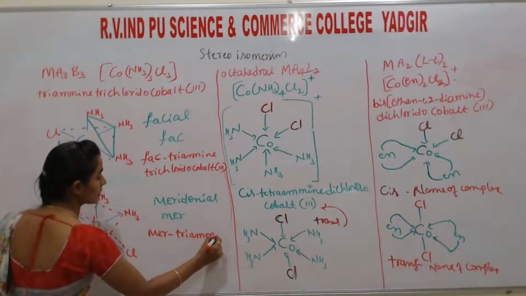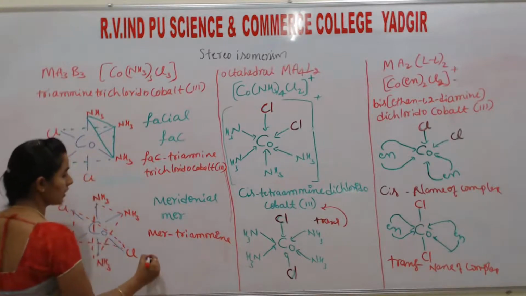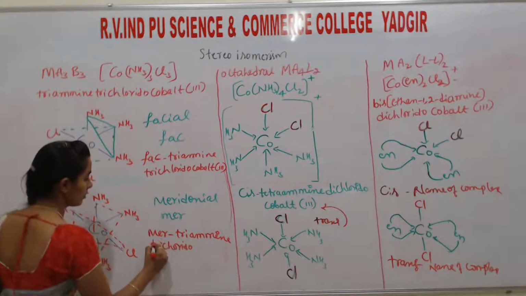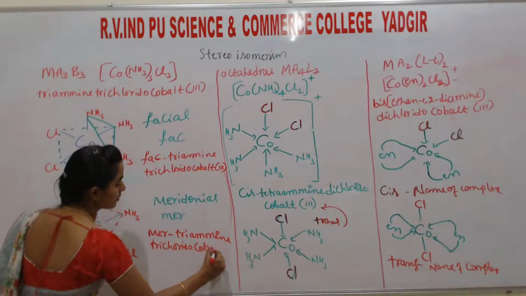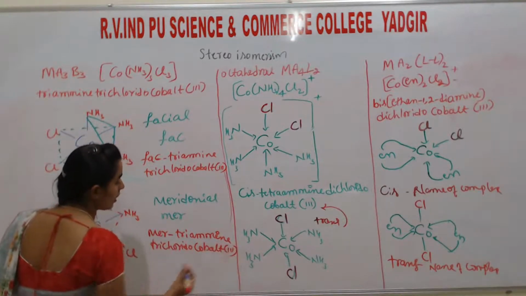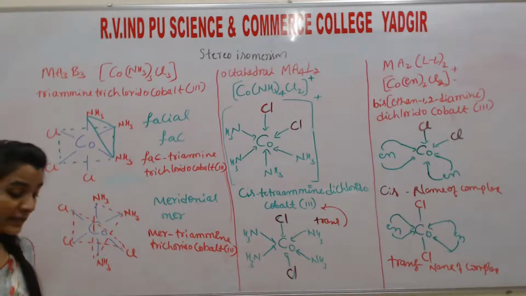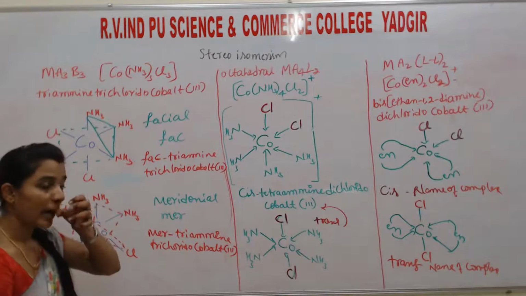The name of the complex follows: mer-triamminetrichloridocobalt(III) complex. So these are the geometrical isomers exhibited by octahedral complexes.